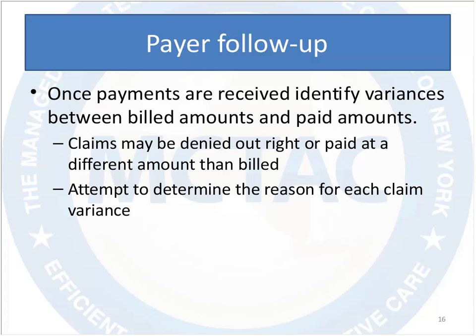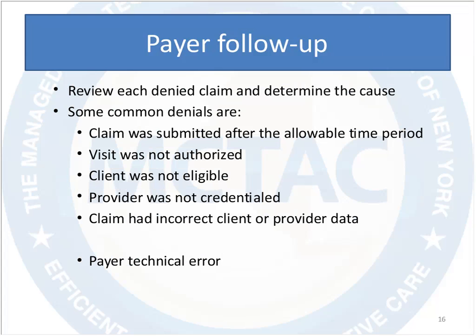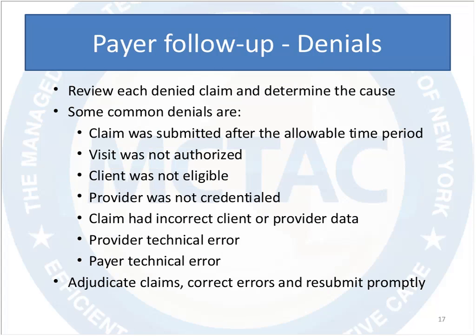You should be able to, at the claim level, reconcile what you billed to what you were paid by the insurance company. And you really need to attempt to determine the reason for each claim variance. And we'll talk a little bit about that and why that's important.